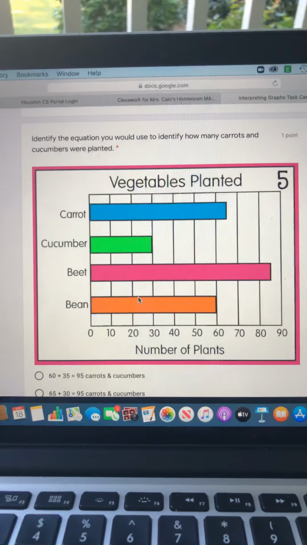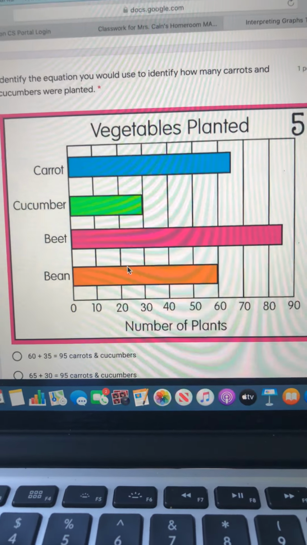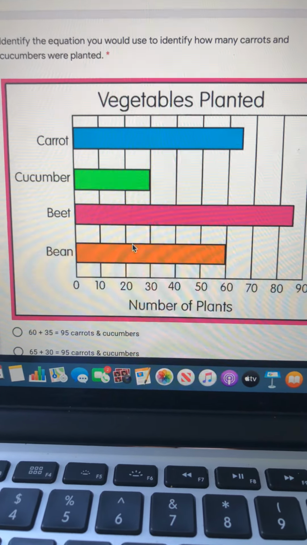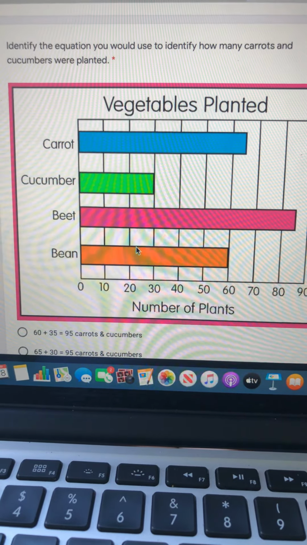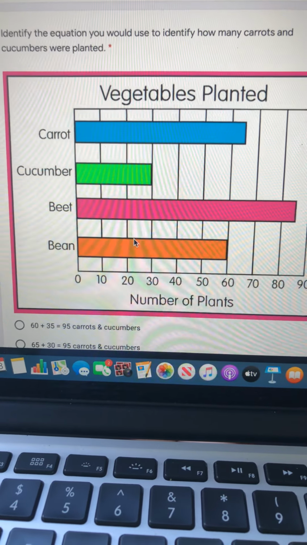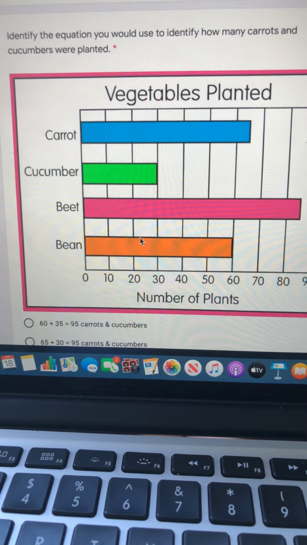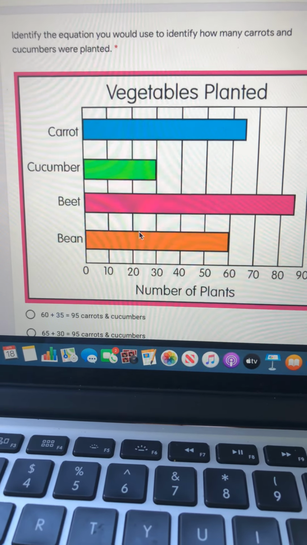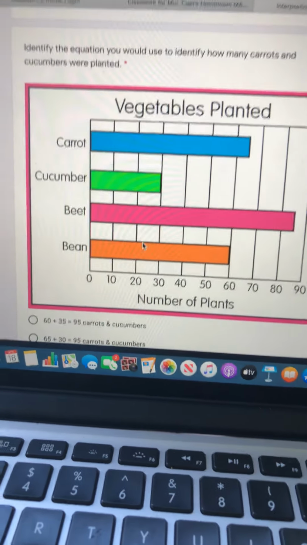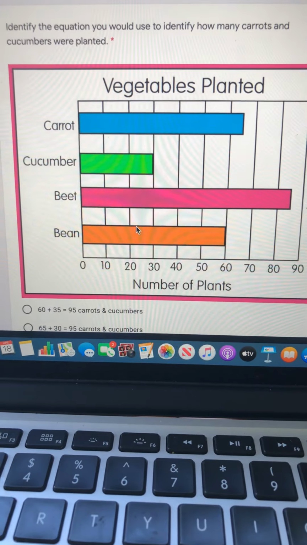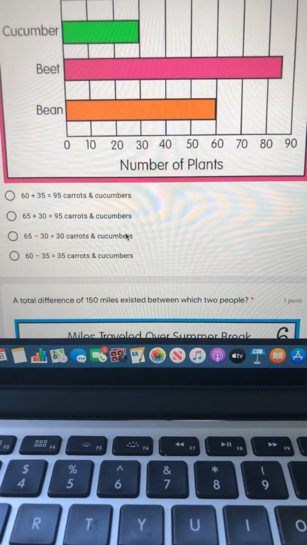All right, this next question uses the same graph, and it asks you to identify the equation you would use to find how many carrots and cucumbers were planted.